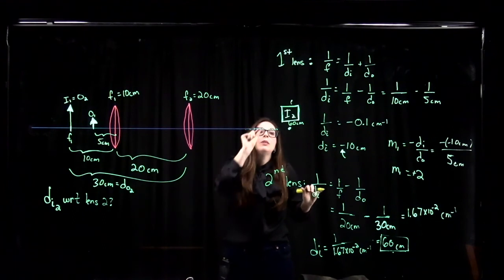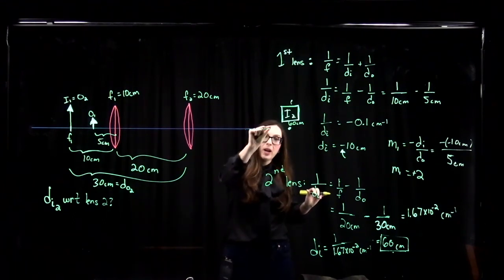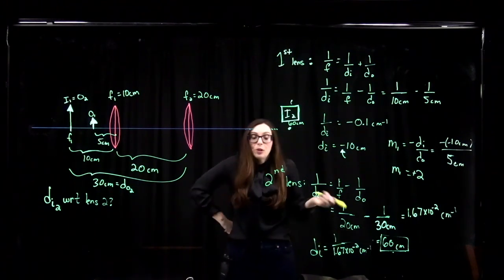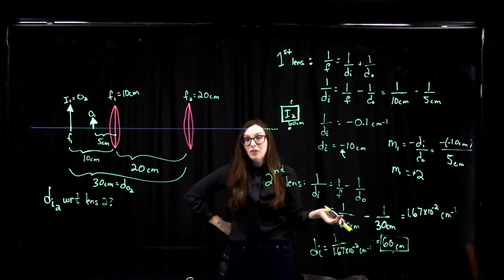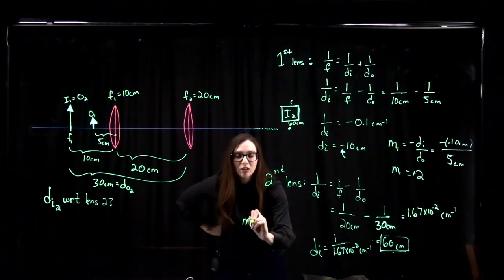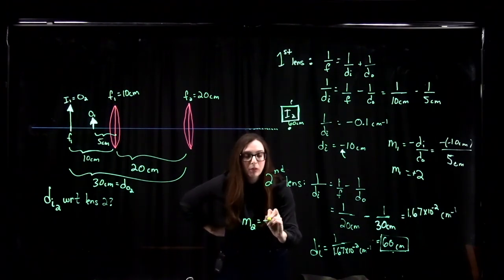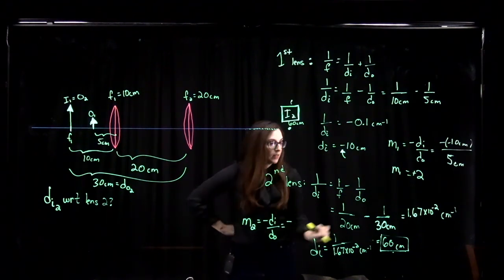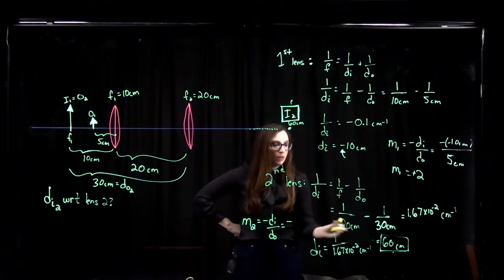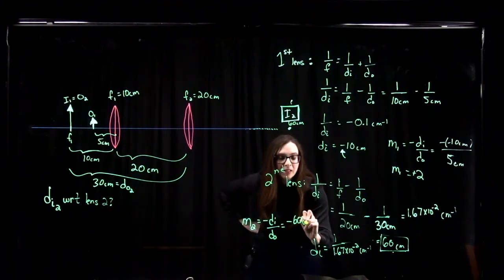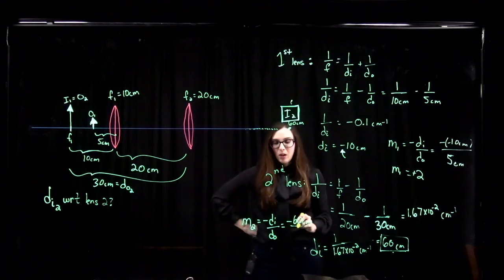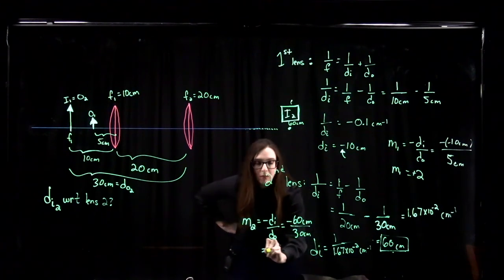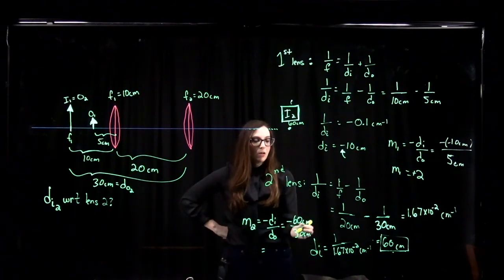Now again, is this final image going to be upright or upside down? In order to figure that out, we have to calculate the magnification. The magnification for lens 2 is equal to minus di over do. So it's going to equal minus di, which we just showed was 60 centimeters, divided by DO, the distance to the object, which we said was 30 centimeters. So then we've got negative 60 over 30.